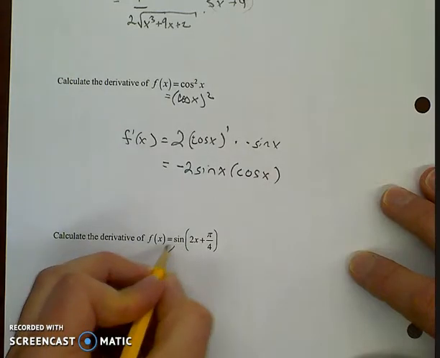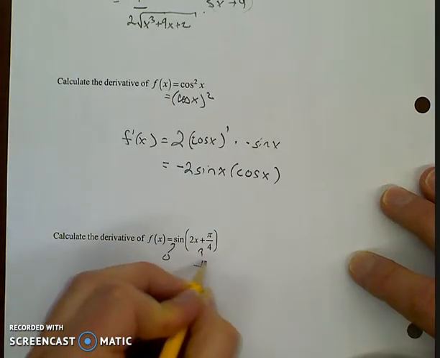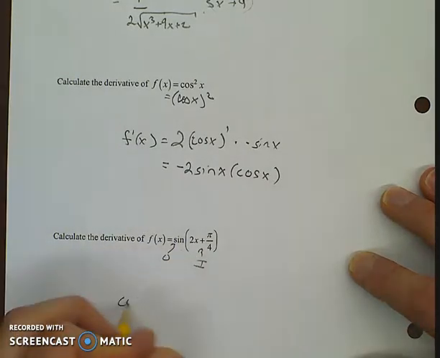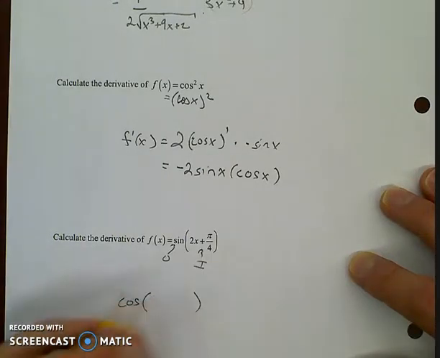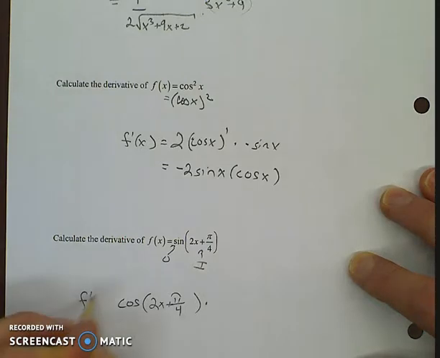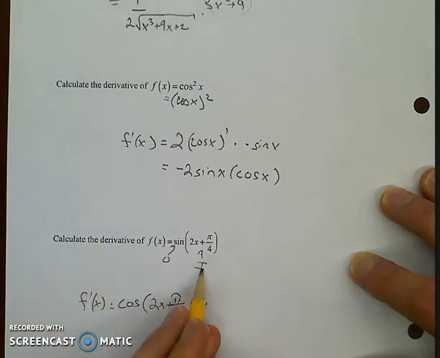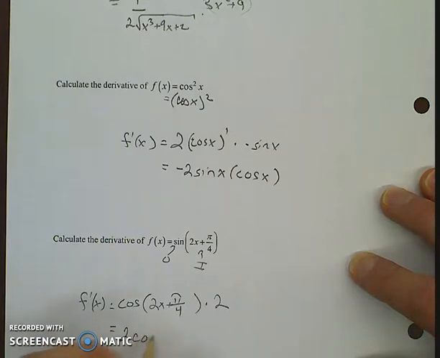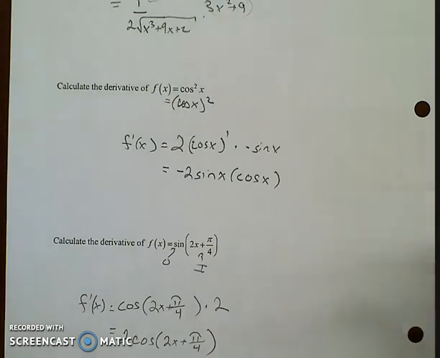This one, again, outside, inside. The derivative of the outside, cosine of, keeping the inside the same, multiplied by the derivative of the inside, 2. Rewrite it. There you go. So a little shortcut way of doing that.